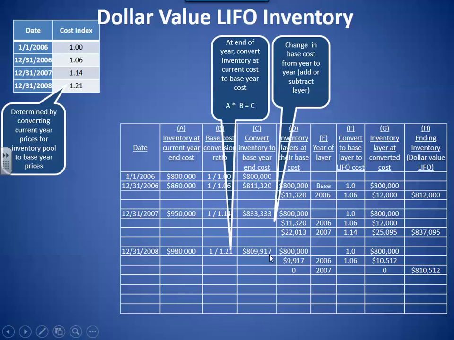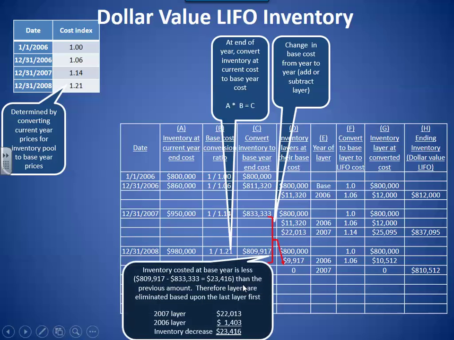Now, if you'll notice, we do have a difference here between the previous two iterations. We're looking at our change in our base year cost between our previous inventory and the current inventory. And what we're seeing is that our inventory, in terms of base year, is lower than it was in the previous year. Now, what that means is our inventory costed at base year is less than the previous amount, and that the amount in our new year is $809,917 versus the previous year, when it was at base year $833,333.